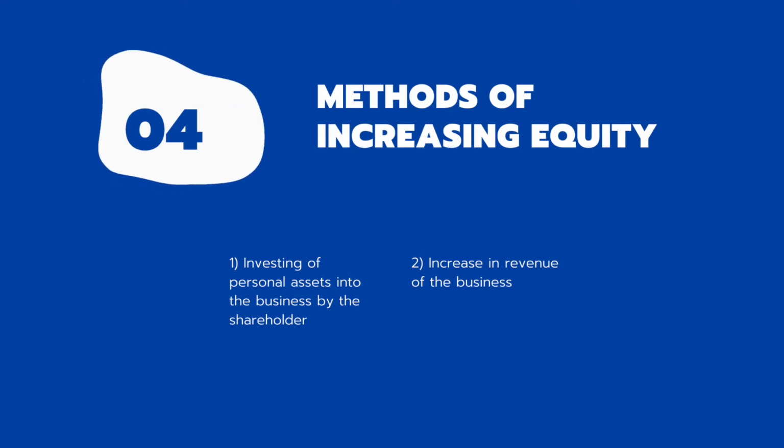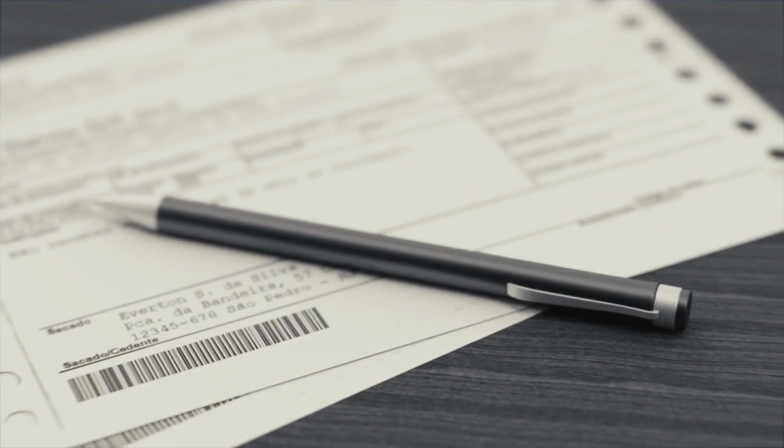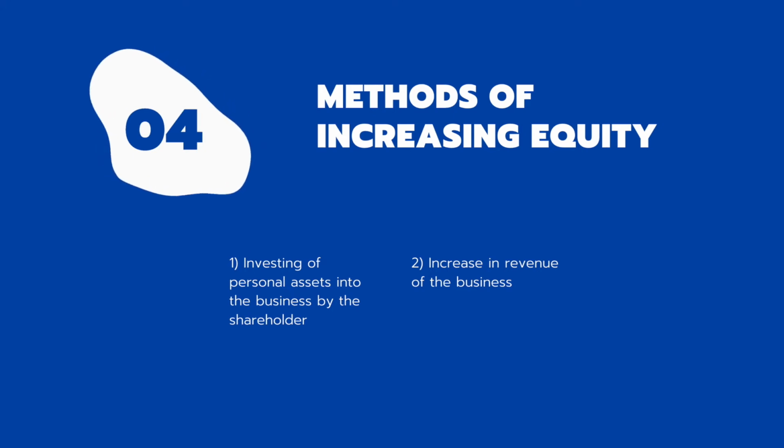Now that could be a profitable model if you're able to manage the interest rate on the debt in comparison to what you're able to generate because of the debt that you borrowed, but it will not increase the value of equity in the business because it's not an investment of a personal asset. It's money that's borrowed from a bank. So it would not count as increasing equity.